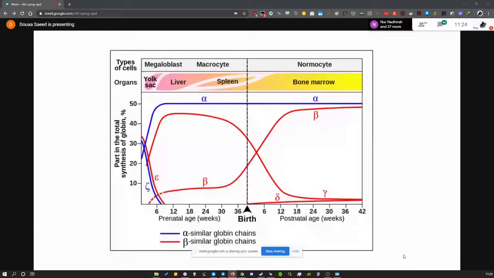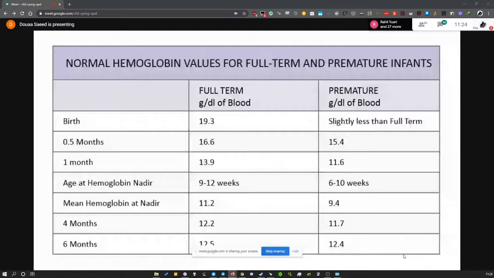Very nice. This graph is very nice. Yes, carry on, Dua. These are the normal hemoglobin values for term and premature infants. We'll start with full-term birth, which is the second column. At birth, the normal hemoglobin level will be 19.3.